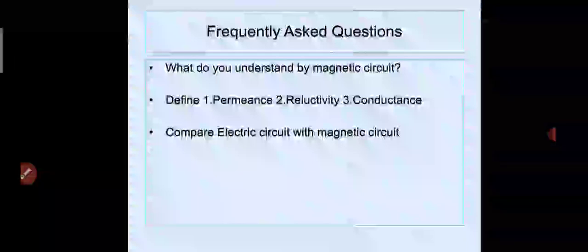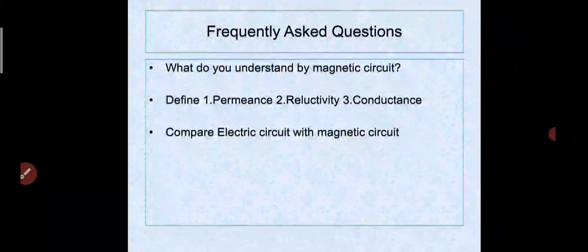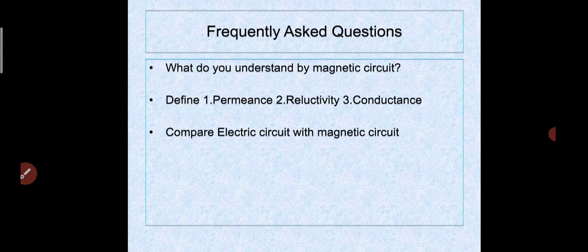The closed path for magnetic flux is known as magnetic circuit. In the electric circuit, EMF is the driving force. In the magnetic circuit, MMF is the driving force.